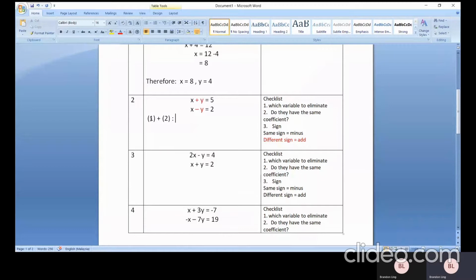So when you have equation 1 plus equation 2, it becomes x plus x becomes 2x equals to 5 plus 2, which is 7. So the next step will be x equals to 7 over 2.